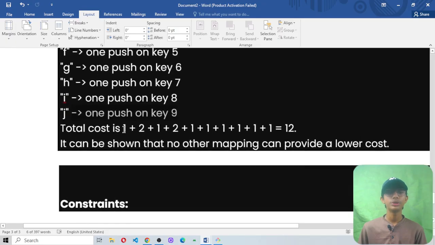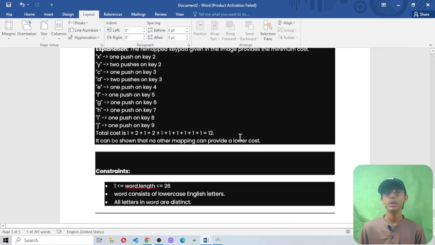The total cost is 1 plus 2 plus 1 plus 2 plus 1 plus 1 plus 1 plus 1 plus 1 plus 1 equals 12. So it can be shown that no other mapping can provide a lower cost.